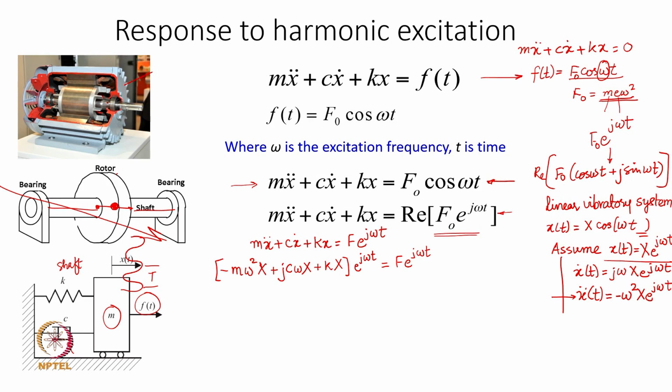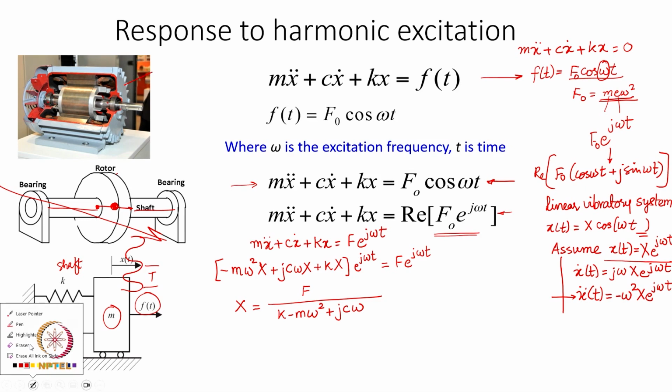Now, if this is the case, can I write capital X equal to F over k minus m omega square plus j c omega, right. So, e power j omega t cancels out and capital X can be written like this. So, what are you getting from this expression?